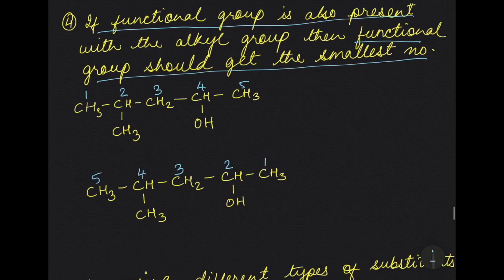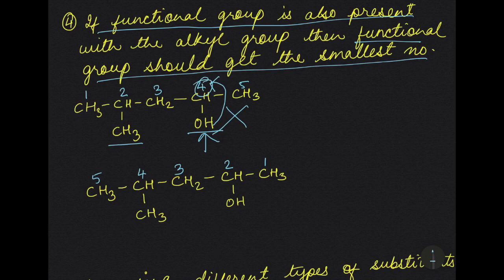Here we have a functional group as well as an alkyl group. According to this rule, the functional group must get the lesser number. So this is wrong and this is right, because the alcohol here, the functional group, is getting number 4. So it is wrong.